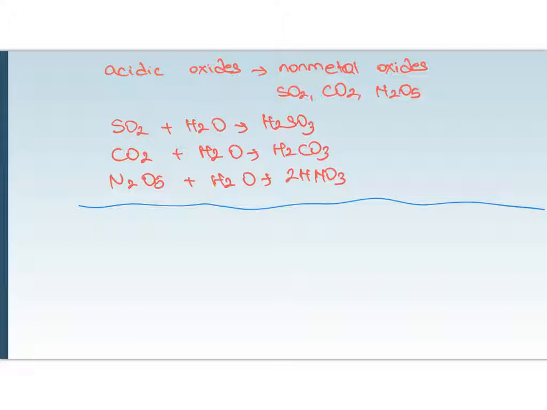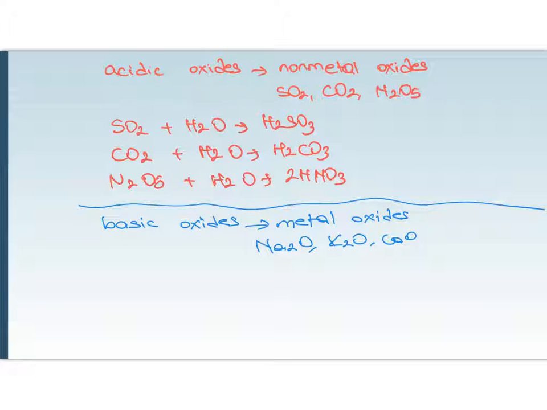Now what else do we have? We have basic oxides. These are going to be usually metal oxides, like sodium oxide, potassium oxide, calcium oxide. So this is going to be just the same as the acidic oxides.